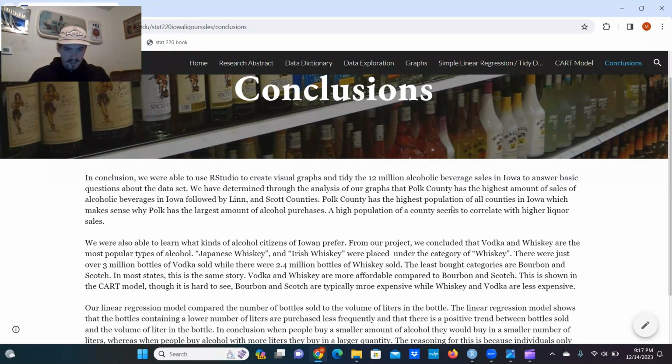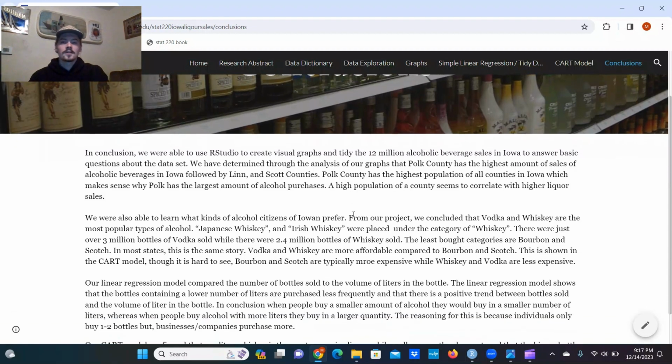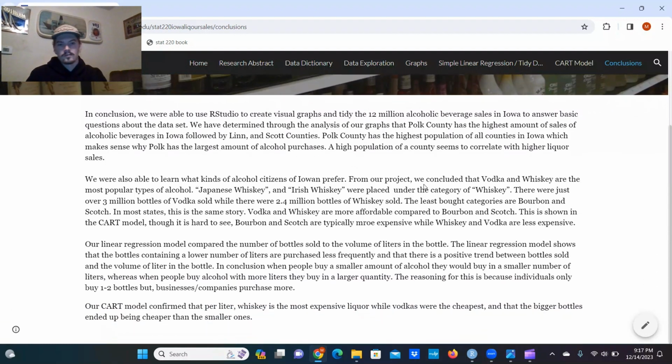Polk has the highest population out of all the counties in Iowa, which makes sense, because the more people you have, the more alcohol is going to be bought. We also learned what types of alcohol Iowan citizens prefer, and we concluded that vodka and whiskey are the most popular types of alcohol.